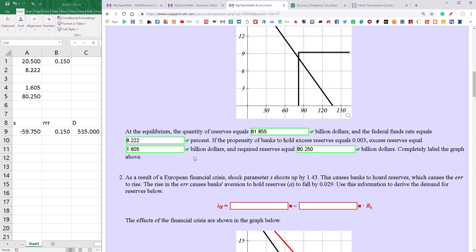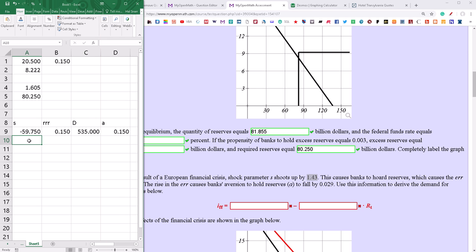Okay. So down here, the shock parameter increases by 1.43. So the new shock parameter is this plus the increase of 1.43. Okay, so this is the new shock parameter. I'm going to make these red.